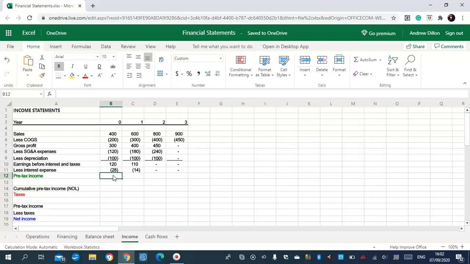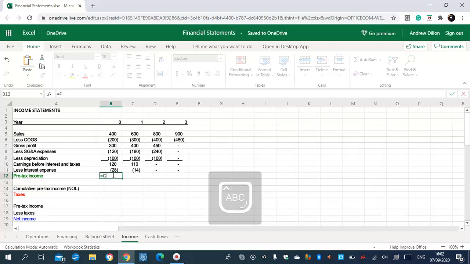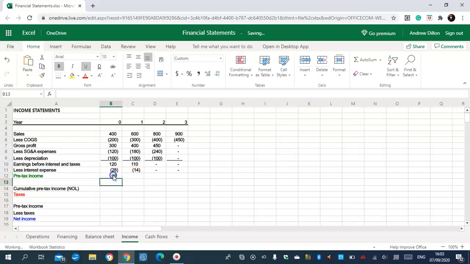Pre-tax income is the next step. Okay, the next thing we're going to do is to calculate the cumulative pre-tax income.